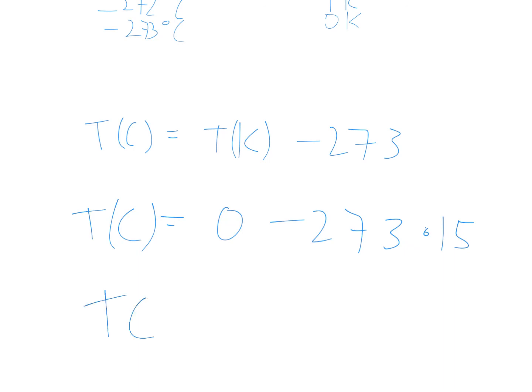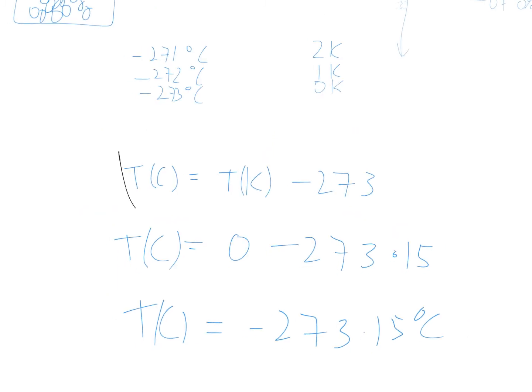And that actually works out because if the temperature in Kelvin is 0, the temperature in Celsius will be minus 273.15 degrees Celsius. So this is a really handy little formula, and you can use that to convert between the two if you like. It is in your log tables what the temperature difference is between them, but if you want to make a formula, that would be really handy. And you can fill in degrees Celsius or fill in Kelvin, and it'll work either way as your own known.